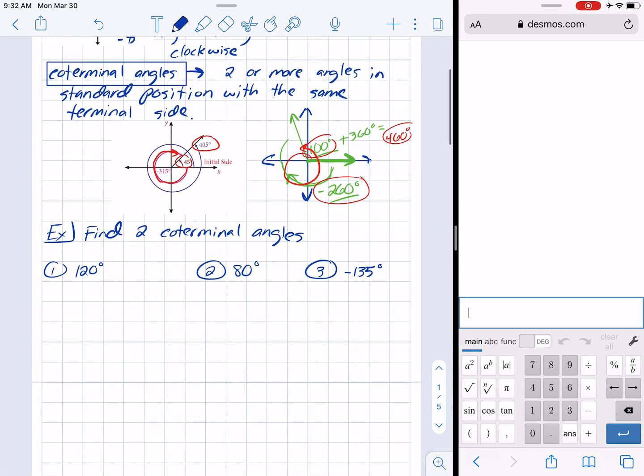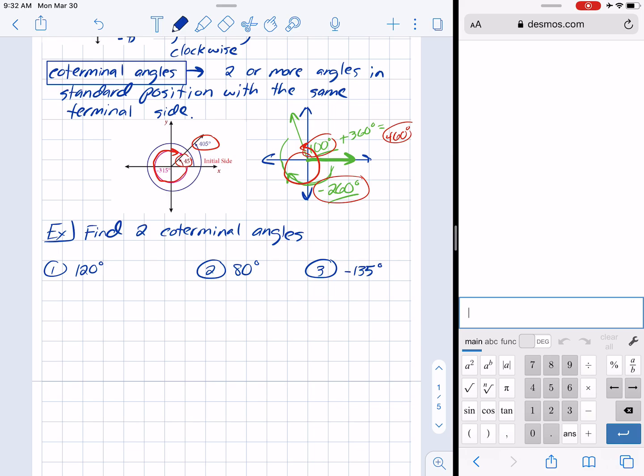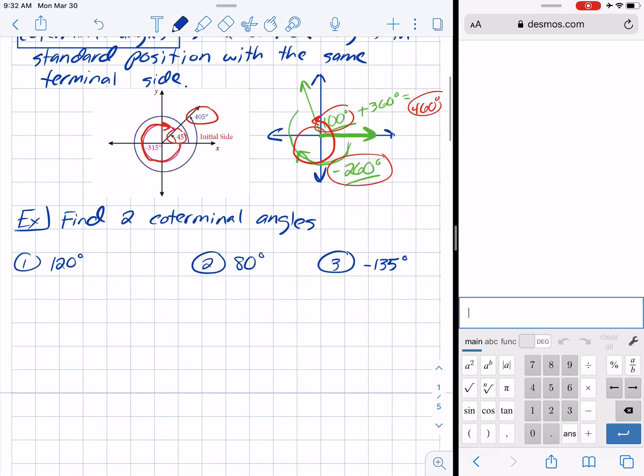So why don't you guys go ahead and pause this video. Find two coterminal angles with each of these 3 angles. Okay, go ahead.